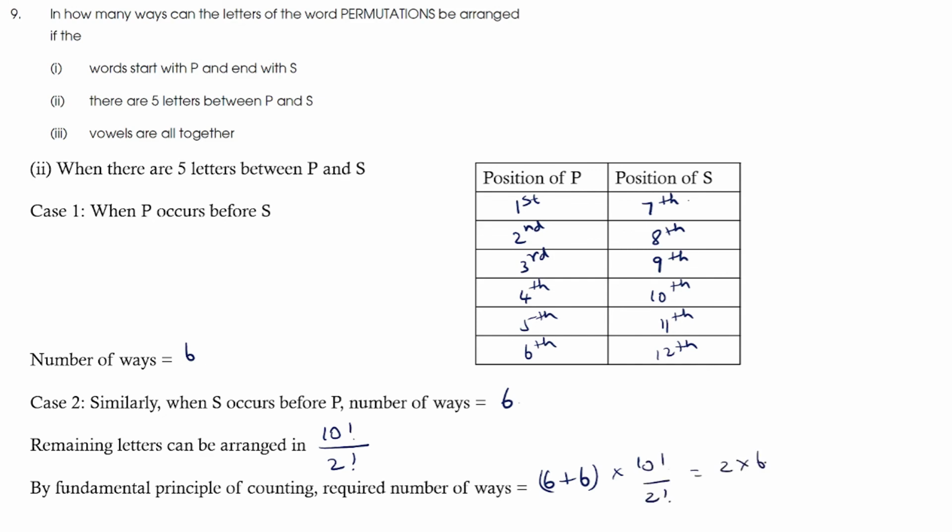Or this is 2 into 6 into 10 factorial, which is 2 into 3 into 4 into 5 into 6 into 7 into 8 into 9 into 10 upon 2. Now when we simplify, we get this as equal to 2 crore 17 lakhs 72,800.